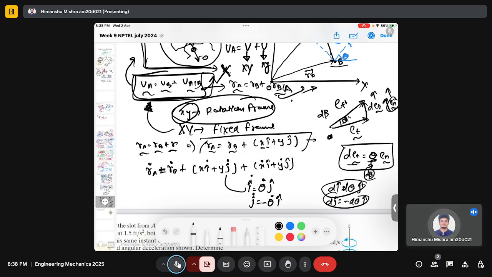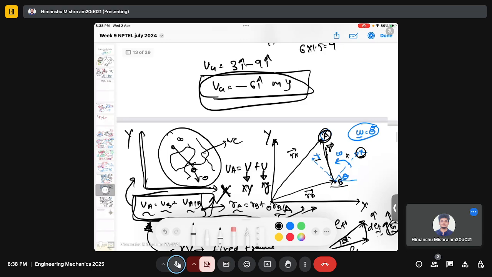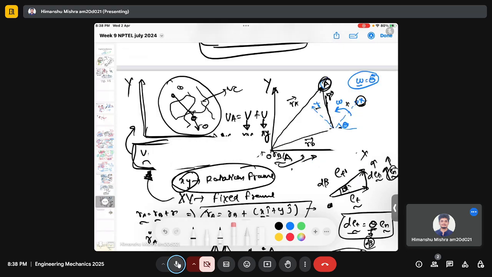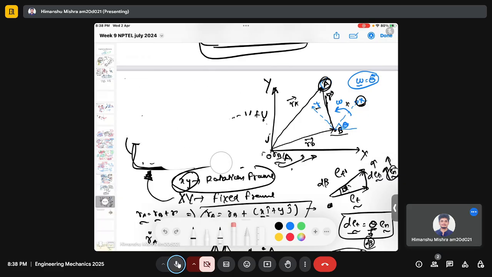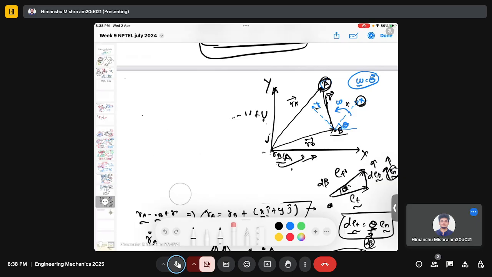So you can use these relations here. When you use these relations, you will get VA equals VB plus omega cross R plus V relative velocity.